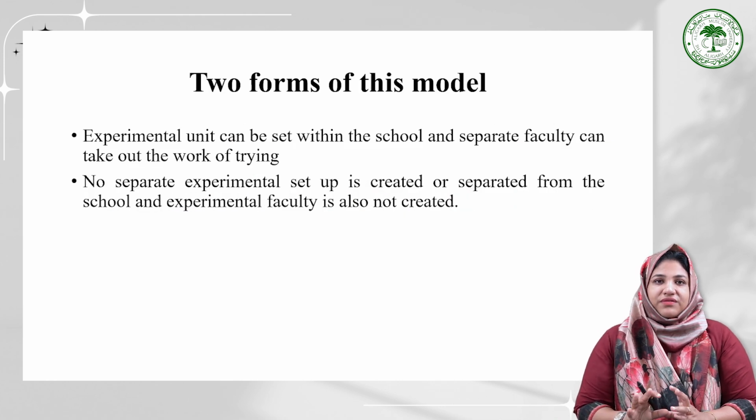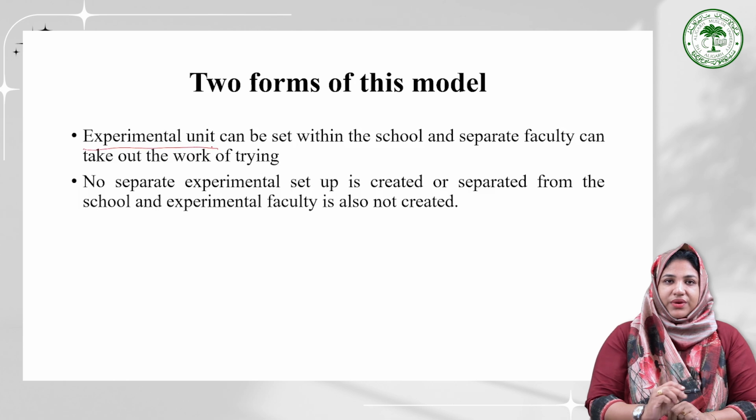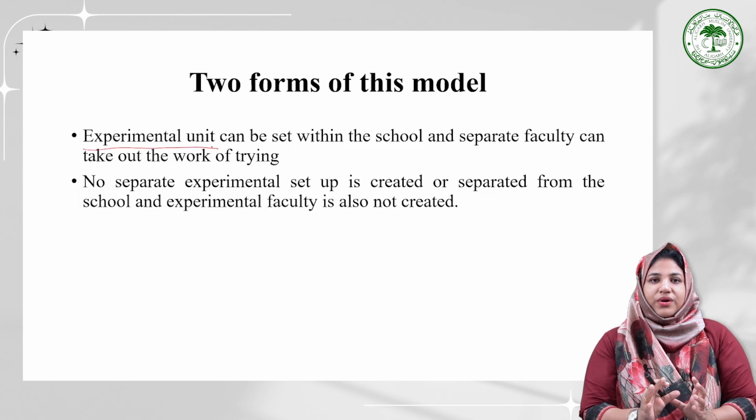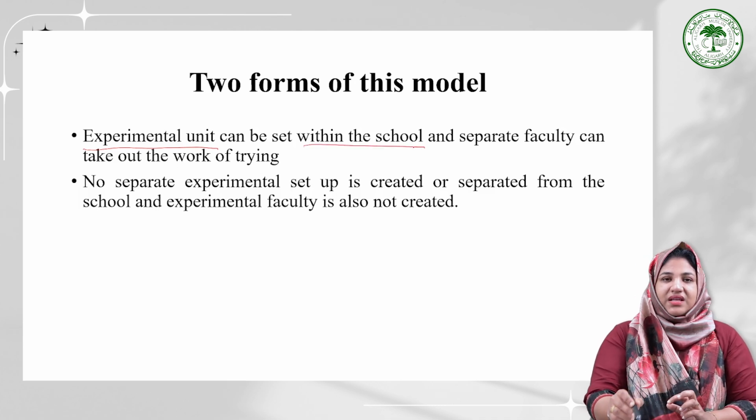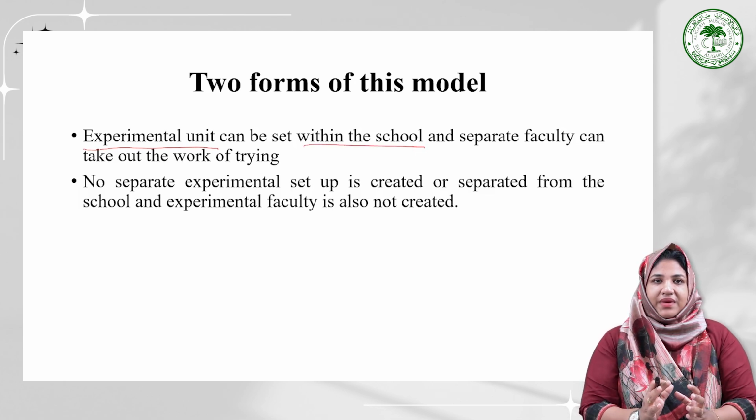There are two forms of this model, which means we can implement the demonstration model in two methods. What are the two methods? The first one is the experimental unit. It can be a school or a group of schools, and this experimental unit can be set within the school. Inside a particular school itself, you can make an experimental setup.